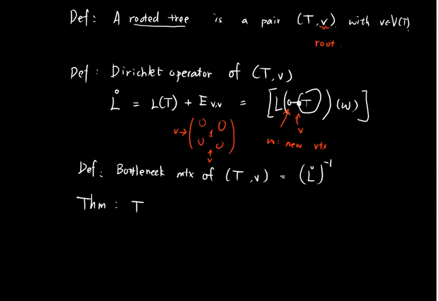Say we have a rooted tree (T, V), and then B is the bottleneck matrix.